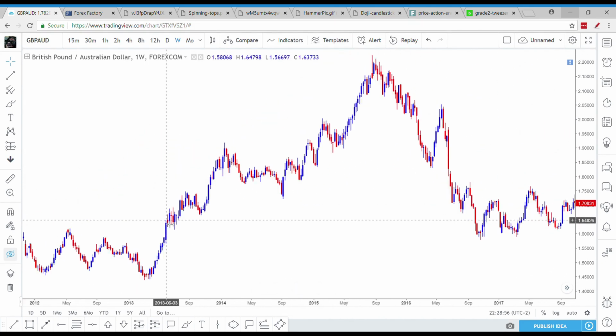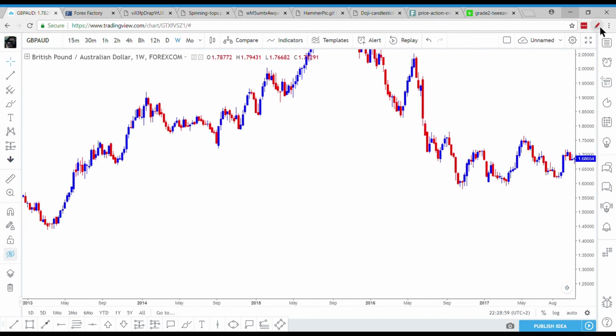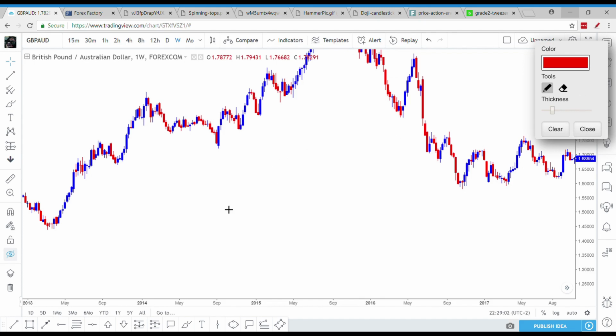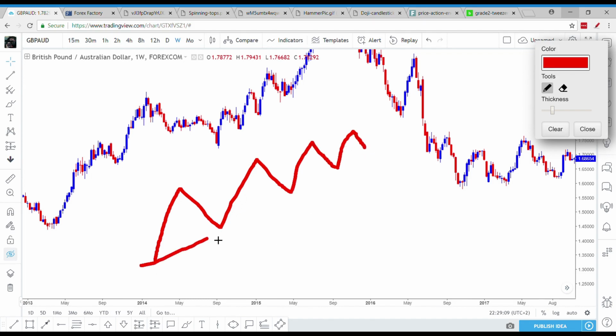Where Marubozus are really interesting is when, let's take that drawing tool, you've got, let's say, a wedge. You're waiting for a breakdown to look where the price is going.